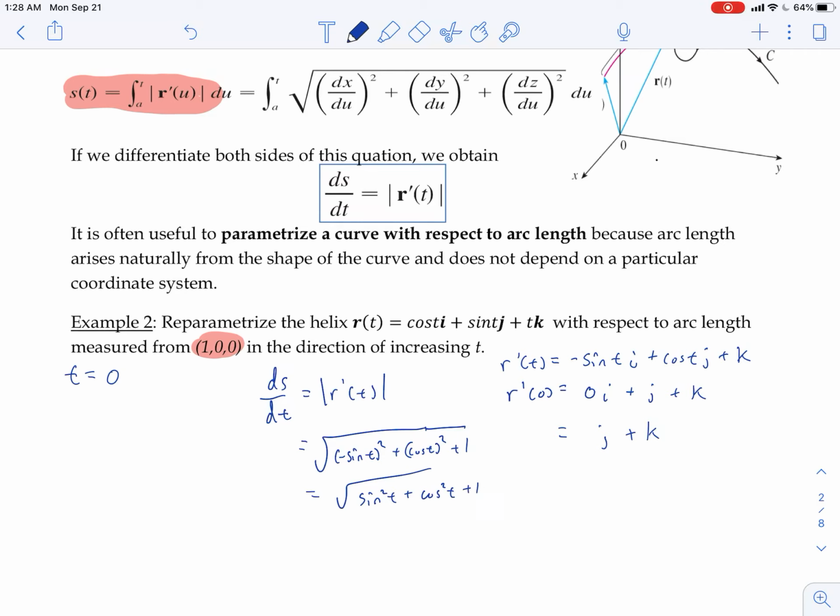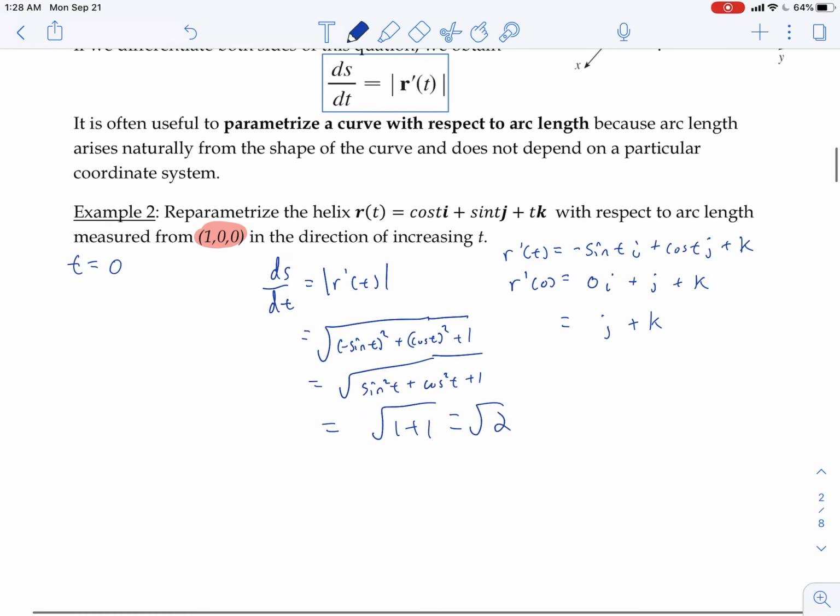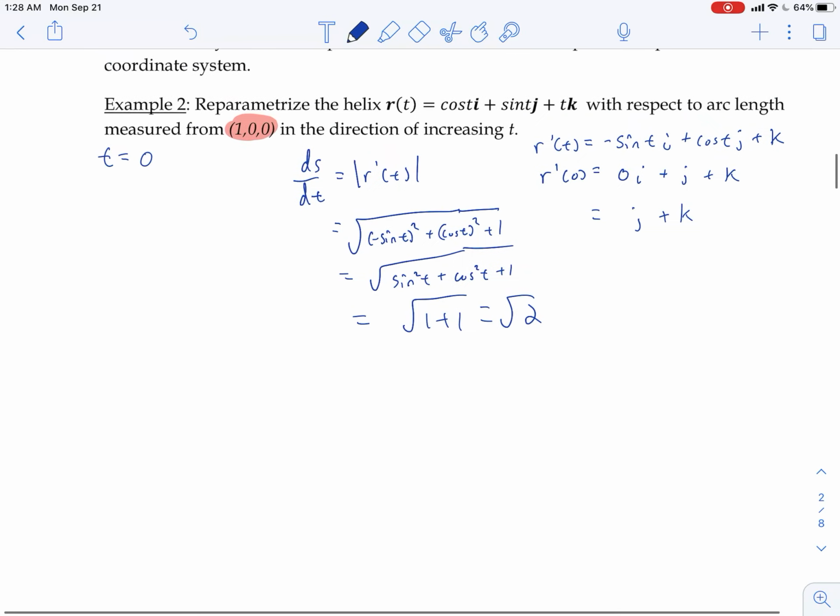We're given sine squared t plus cosine squared t plus 1, and sine squared t plus cosine squared t is just 1. So 1 plus 1 is going to give us the square root of 2.